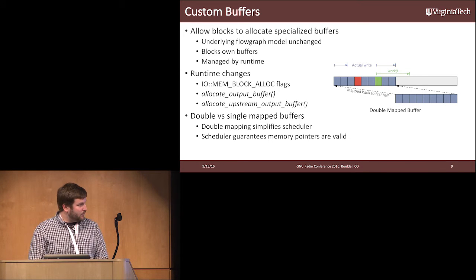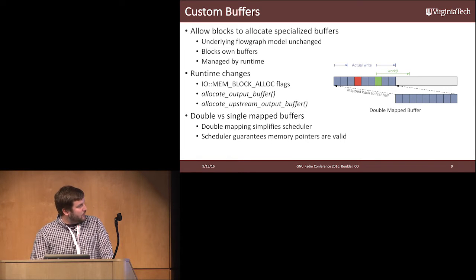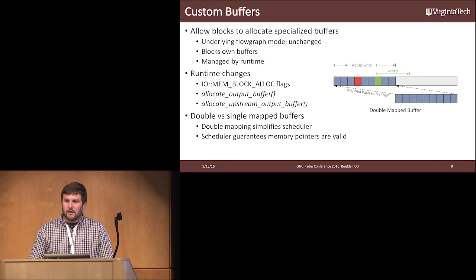In this figure on the right, what this represents is that twice the buffer size is actually allocated, and the second half of the buffer is demapped and mapped back to the original first half of the buffer in virtual memory. What this does is simplify a lot of the code that is needed for the scheduler, and it makes implementing things like sample history much, much easier.